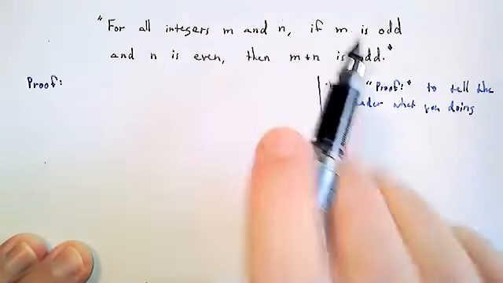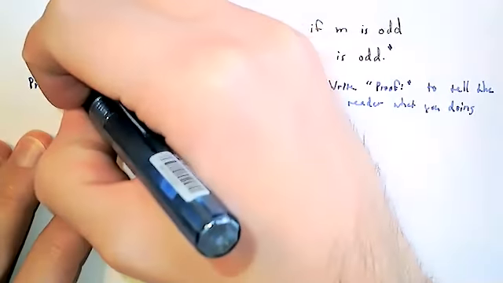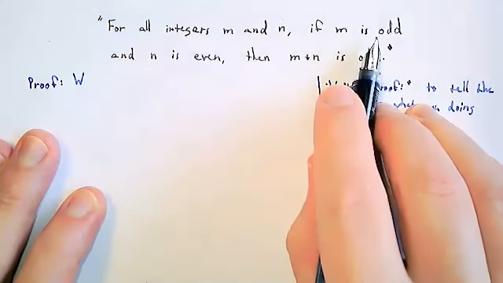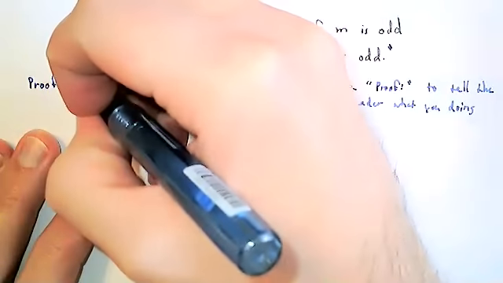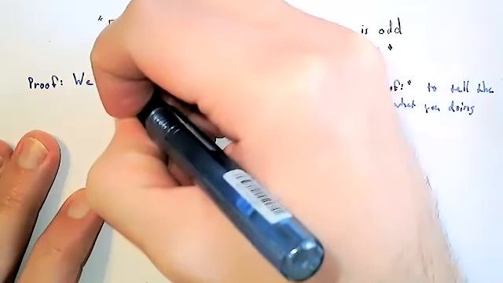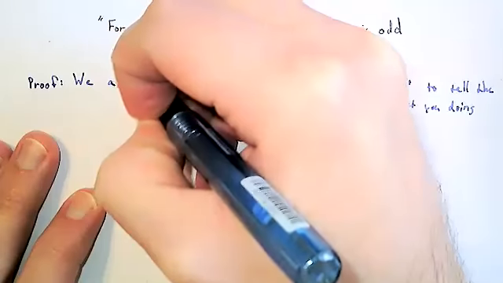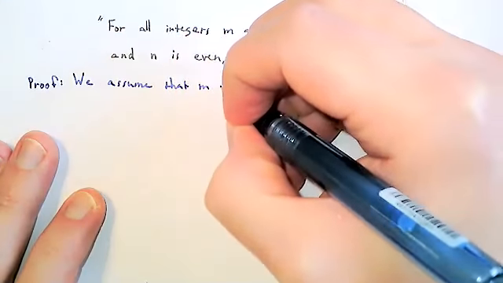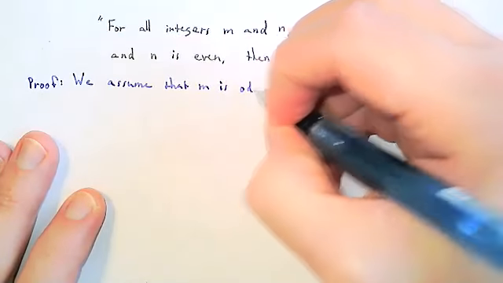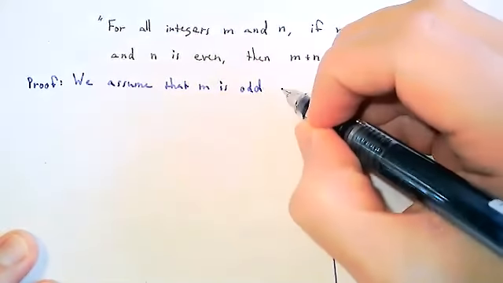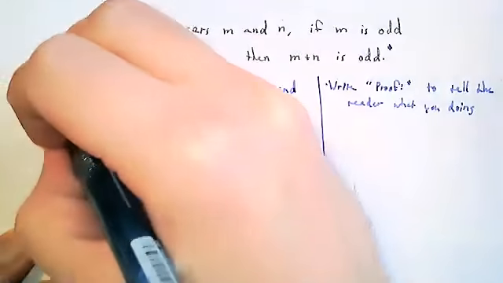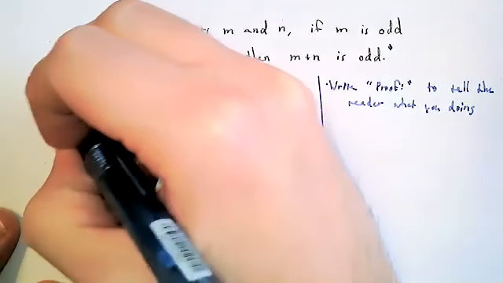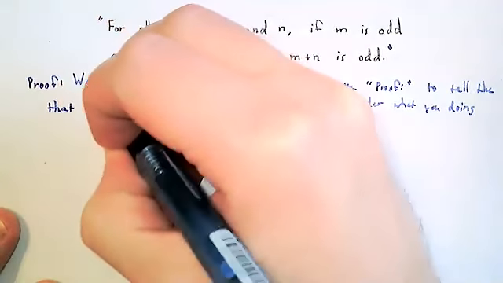In this case, we're going to assume that m is an odd integer, and that n is even.